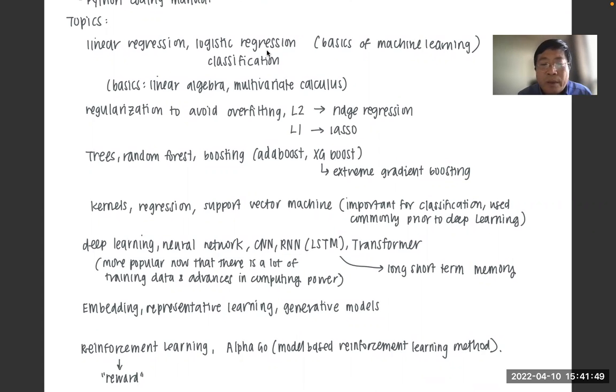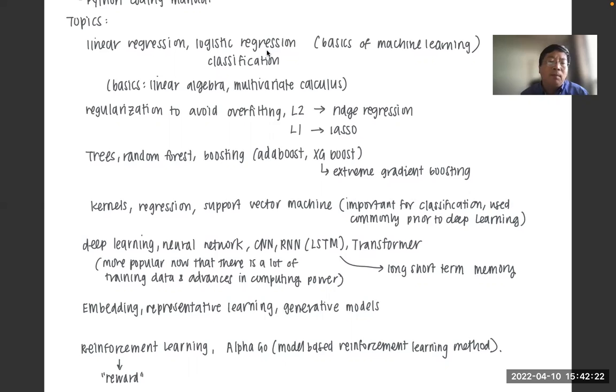And we shall focus on support vector machine, which can be considered as an L2 regularized logistic regression, or at least they are related to each other. And support vector machine is a very important classification method, very commonly used before the revolution by deep learning, especially before 2012.